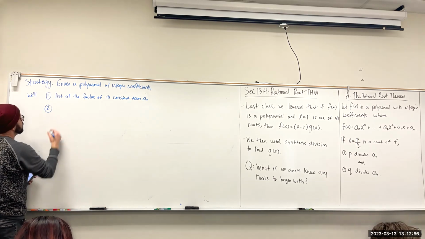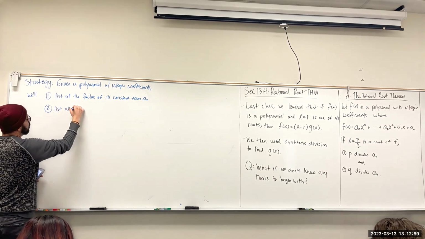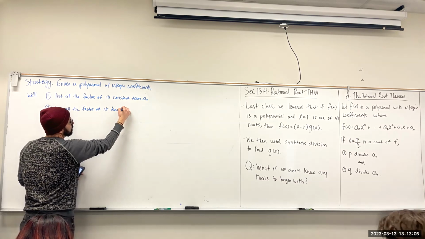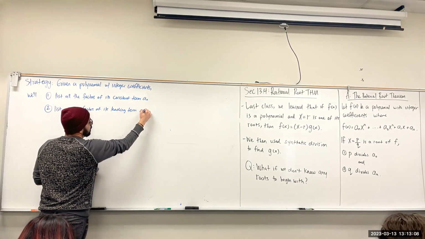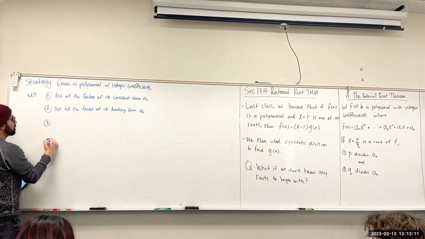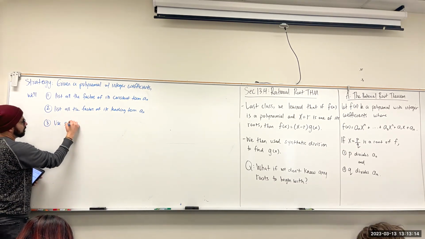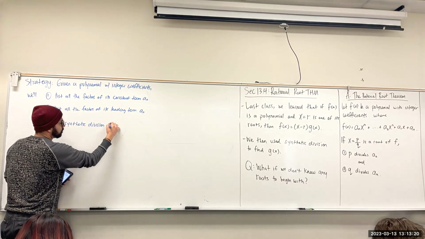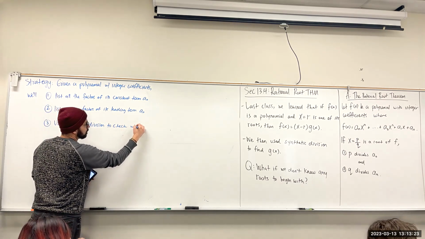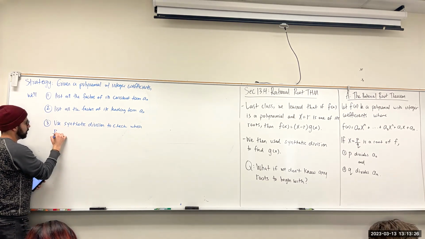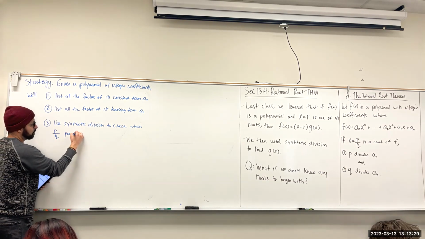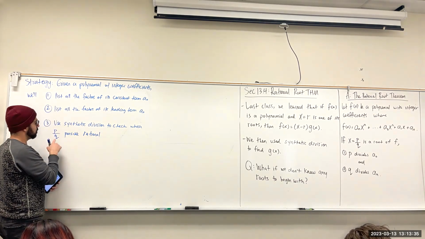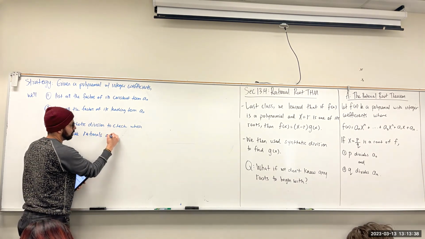Second, list all the factors of its leading term, a n. And third, use synthetic division to check which P over Q possible rational numbers are roots.